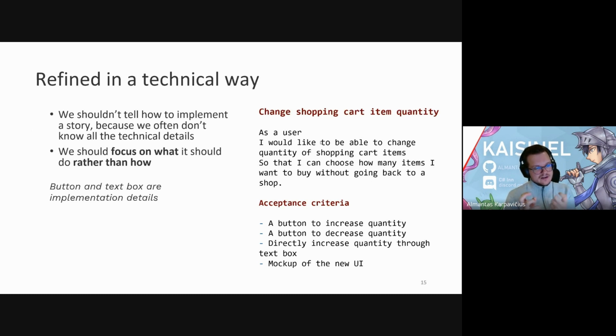Instead of saying you're supposed to just increase or decrease item quantity, you're saying there has to be one button to increase, one button to decrease, and then some text box to change quantity directly. But what if someone decides to make a slider for this functionality? By saying it should be a button, you take that freedom away from them. So be careful not to be too technical.